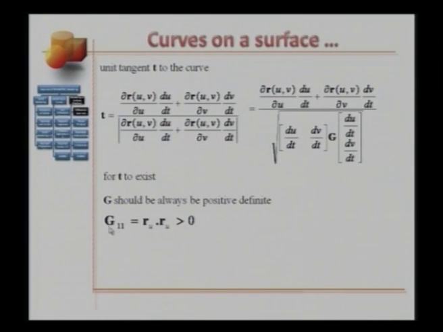The first principal minor, G11, as you know, is given by R sub u dotted with R sub u. And for R sub u not equal to 0, this dot product is always greater than 0. So the first principal minor of G is positive.